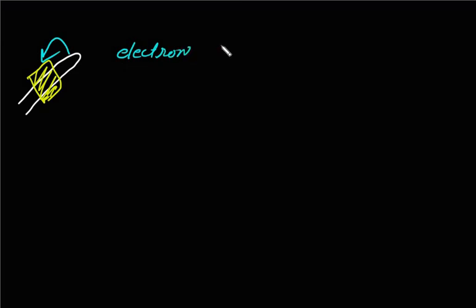We took a glass rod and a silk cloth, we rub them, and what happens is that electrons from the glass rod go to the silk cloth.